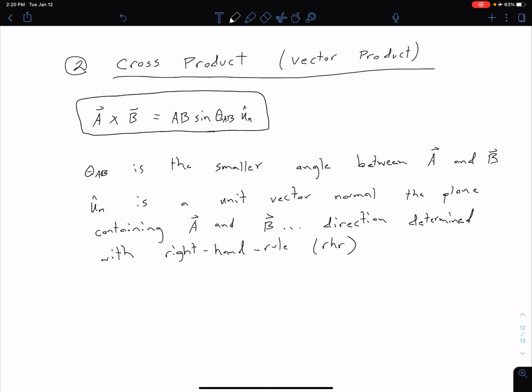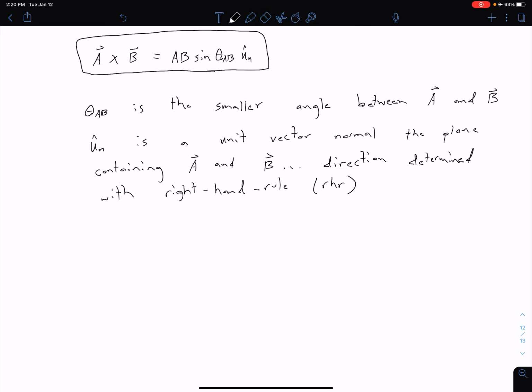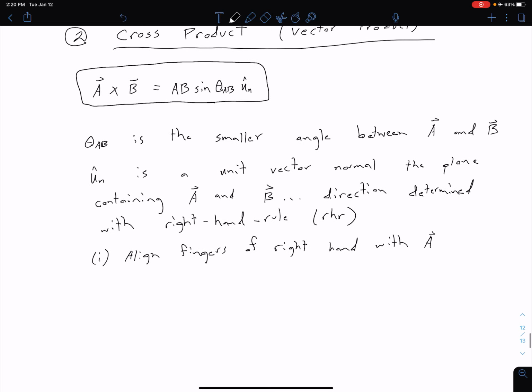Basically what the right-hand rule says, and I'm going to write it out and then we're going to look at it graphically, is first we want to align the fingers on our right hand with our first vector, in this case A. Align fingers of our right hand with A.